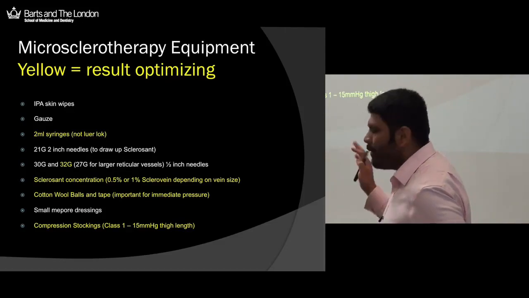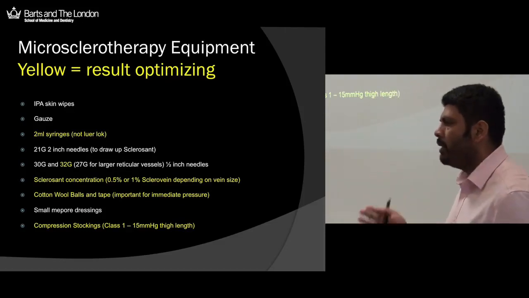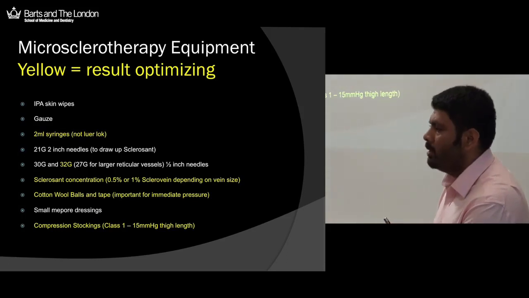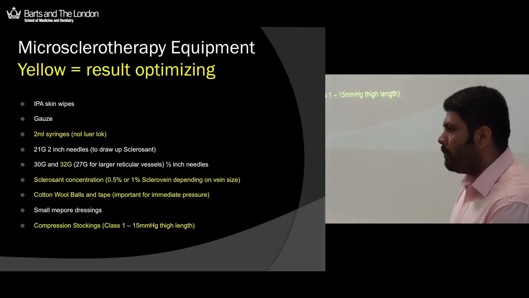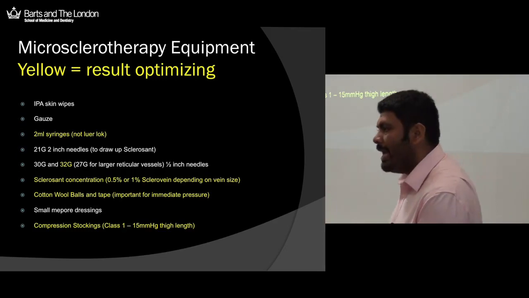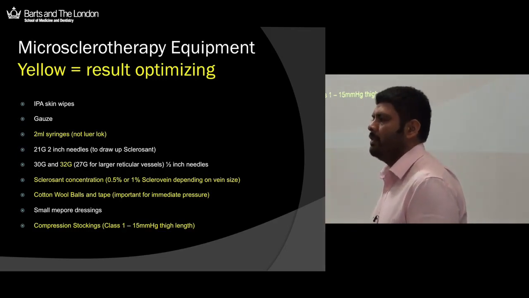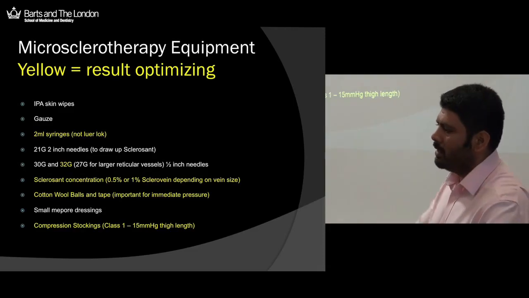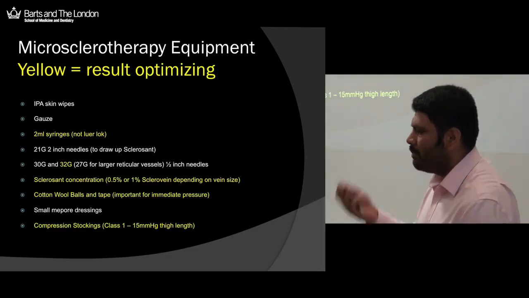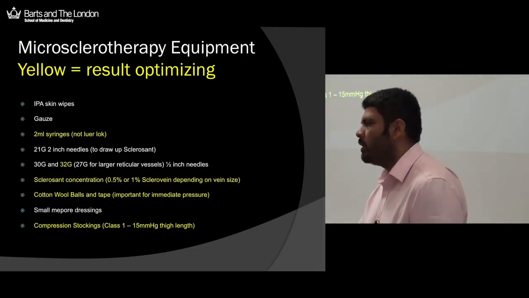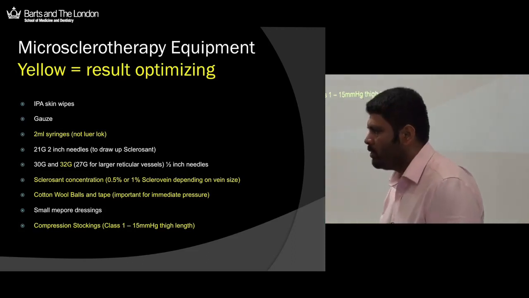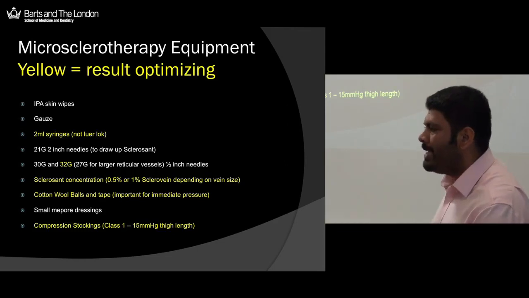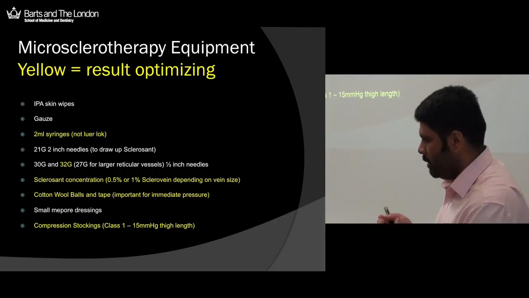So compression will actually help to immediately obliterate the lumen of the vessel, stop clot development, and increase the success rate of your treatment. It shouldn't be taken lightly, because often people will have treatment and be off on their way, but they should have bought class 1 or class 2 compression stockings for their treatment and be putting those on immediately after the treatment.